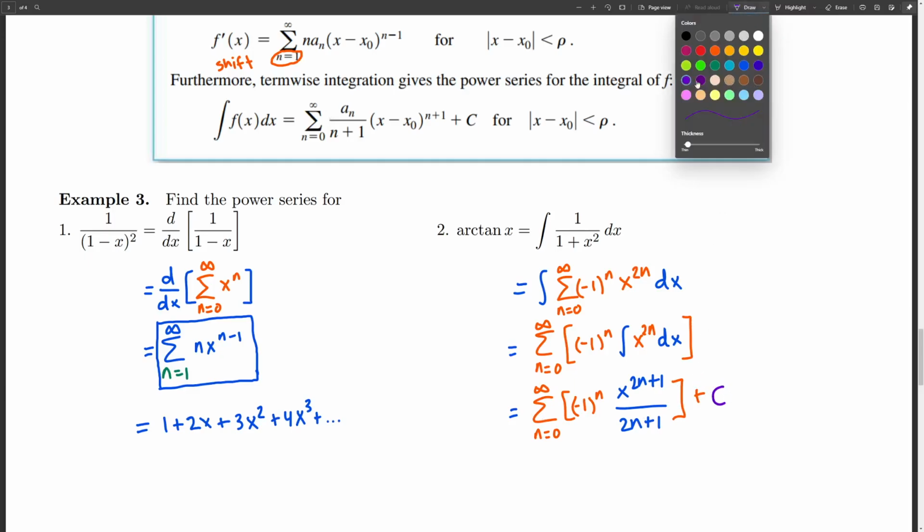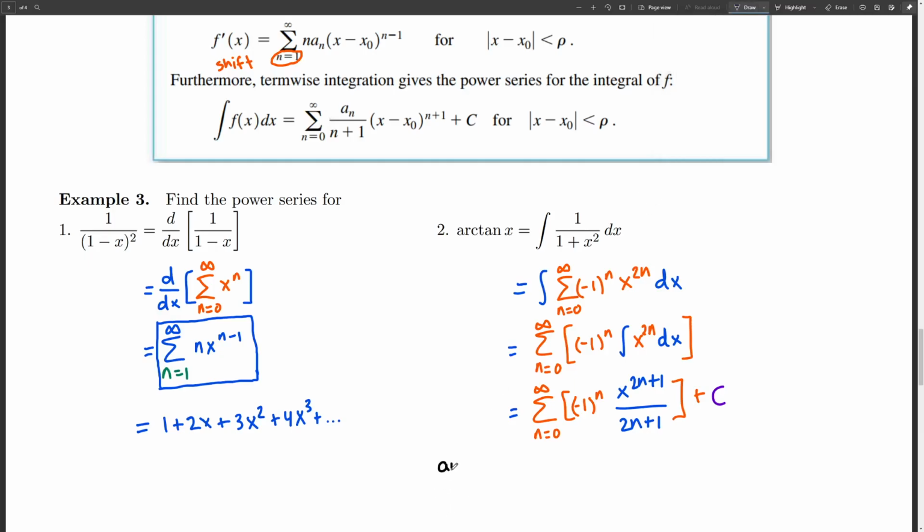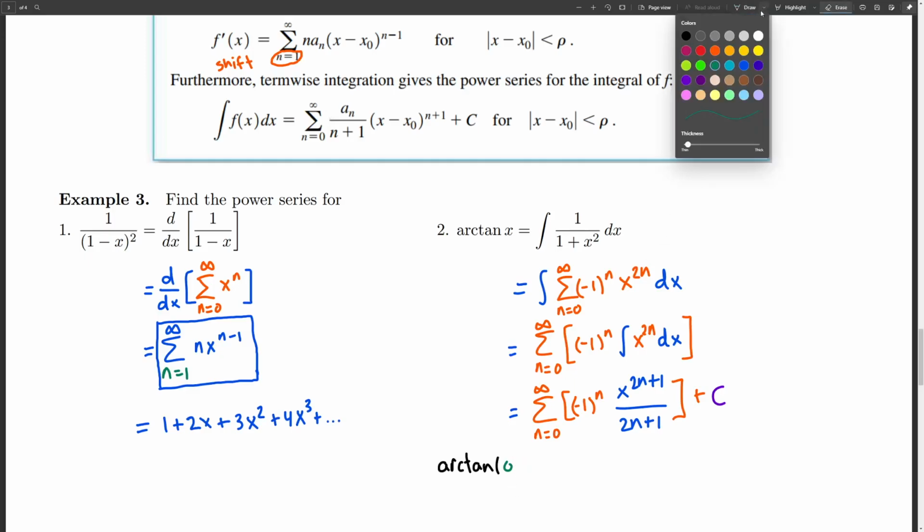So what we can do, the easiest way to check that is by taking our arctan and plugging in the value 0. So we know that the arctan of 0 is 0.